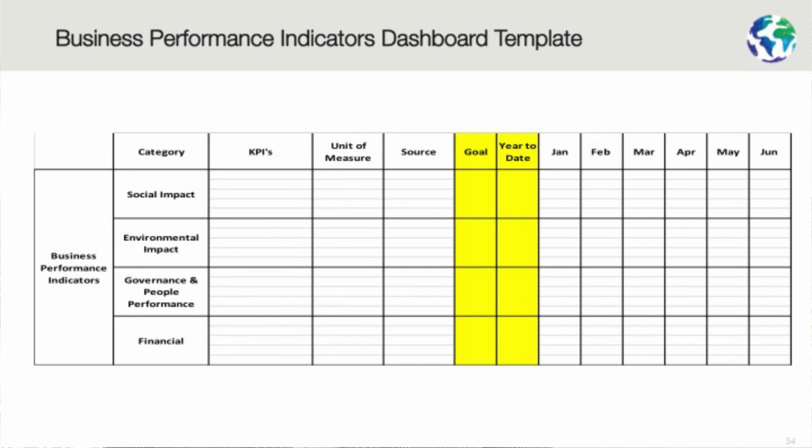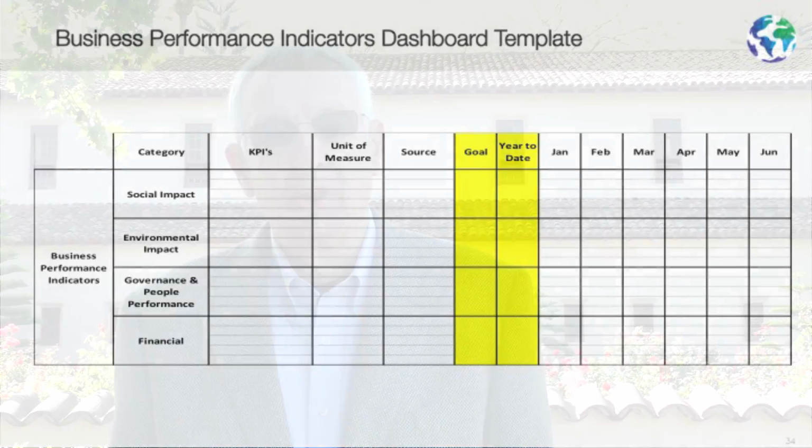To help you create a dashboard of your performance indicators, we have developed this template. It's divided in two sections. First, the business performance indicators, social impact, environmental impact, governance and people performance, and financial. And the second section is the functional indicators that show the different departments in your organization.